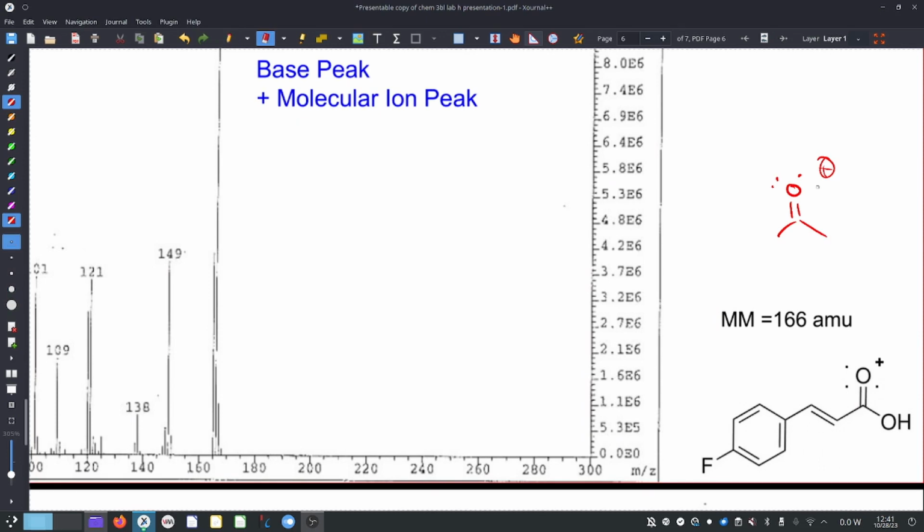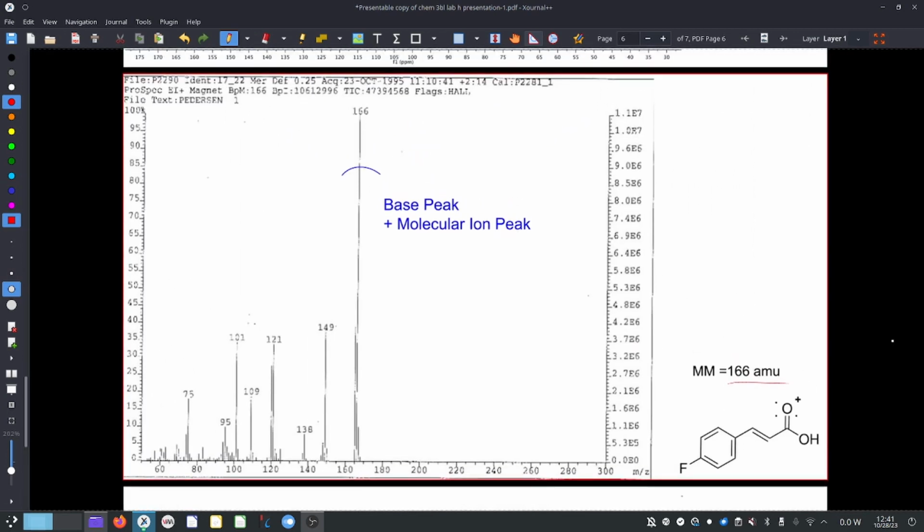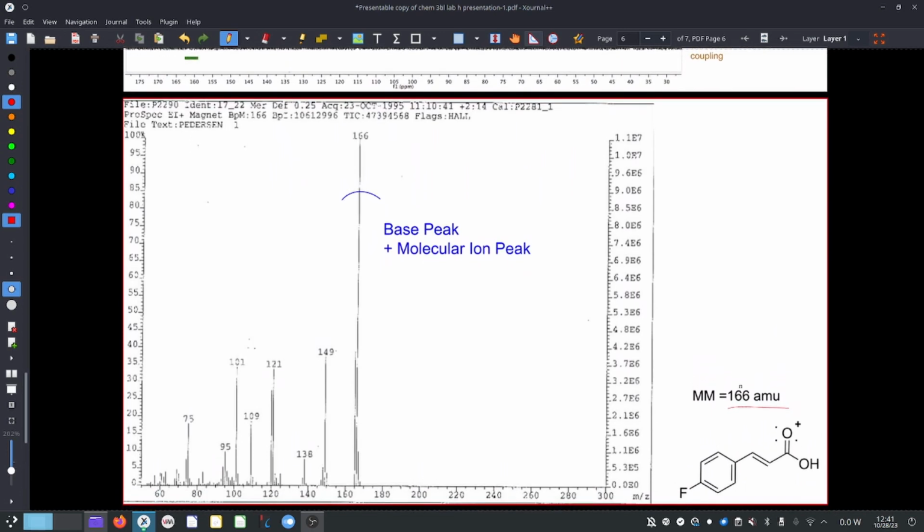So this is our molecular ion of the starting material. If we calculate its molar mass, it's going to give us around 166 grams per mole, or AMU. On the mass spec, the peak that matches the molecular mass is referred to as the molecular ion peak. So this is 166, that's the molecular ion peak.